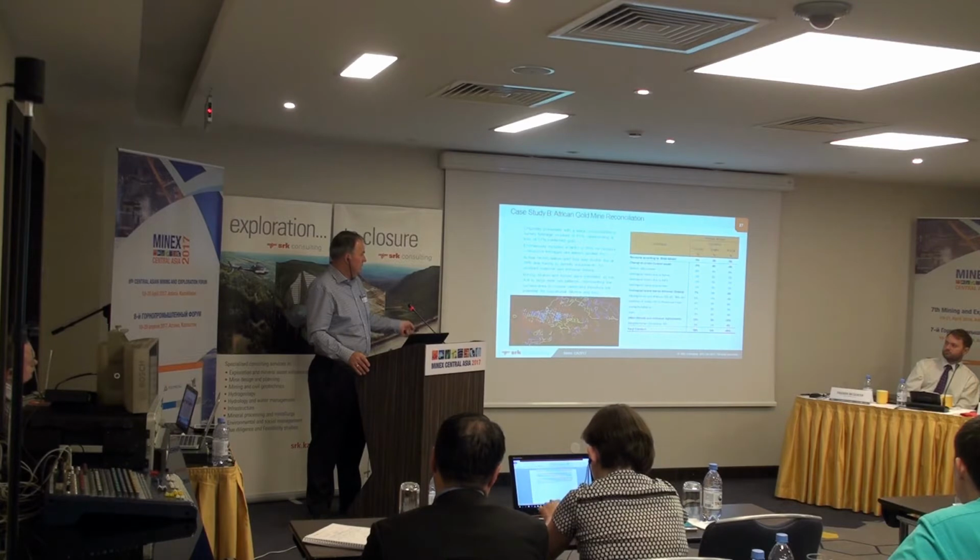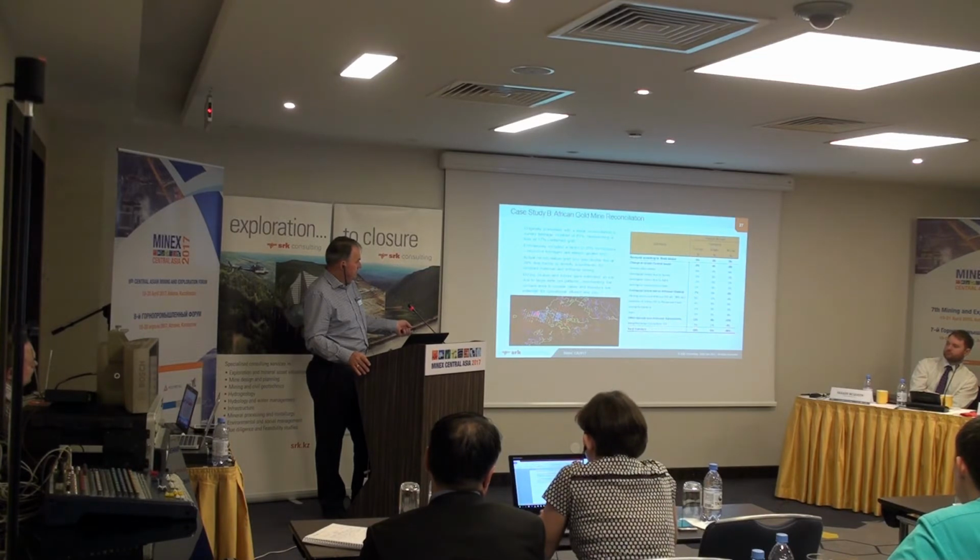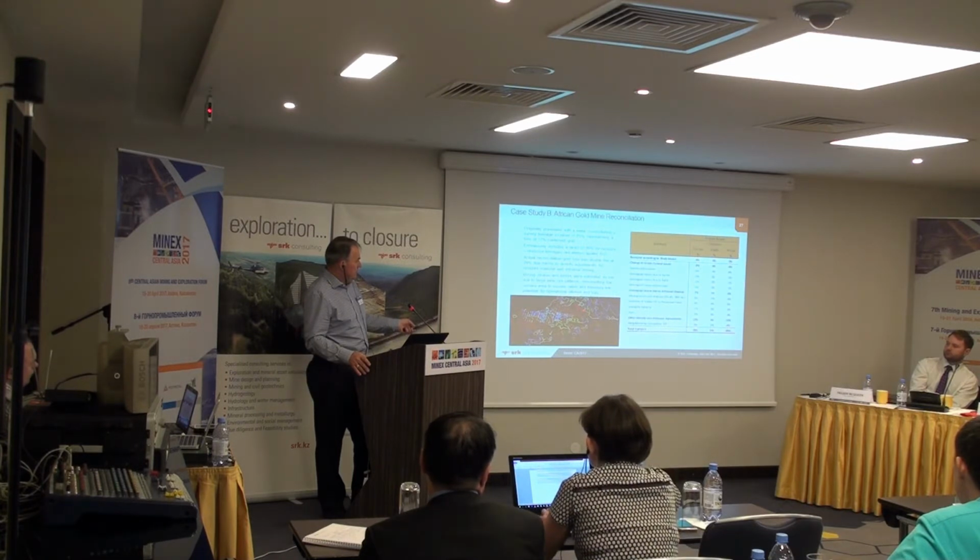When we had a look at the potential levels of loss and dilution, if you look in the red areas are the actual ore zones, the blue and the green are, well, the green is lower grade, the blue is waste. These patterns are very large, 50 to 100 metre patterns of ore.